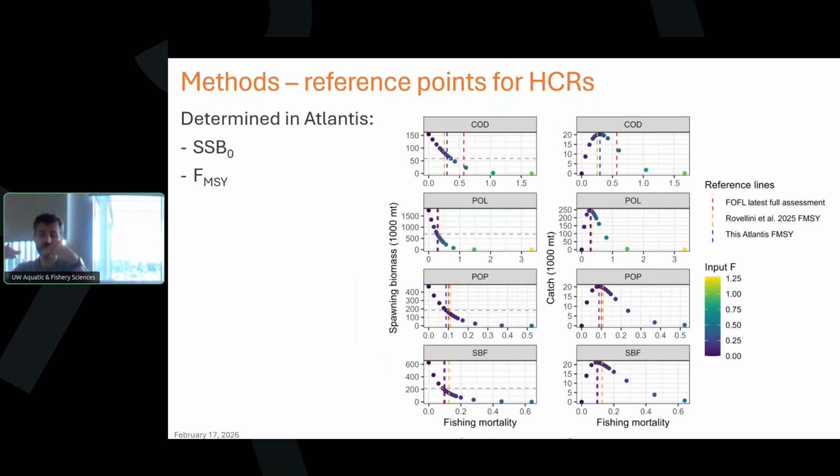But when you run this model with all the species at an F that is comparable to the real world fishing mortality, they all sit in the ballpark of biomass that we see, at least from assessment estimates. OFL is an FMSY proxy, which is at 35% for all these stocks.